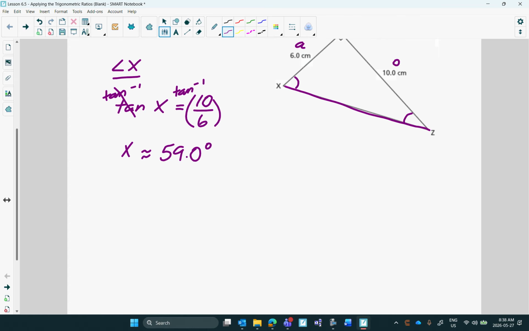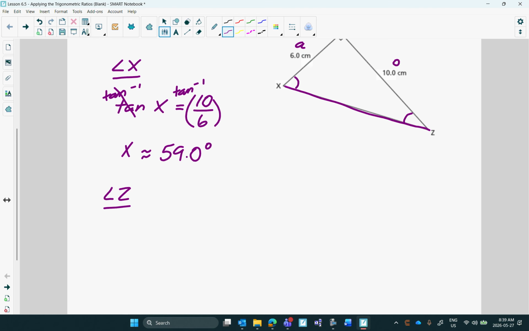Let's look at angle z. Now we've got some choices. I could do trig again. Or, now that I know 2 of the angles, I know this is 90 and this is 59, and all 3 of them add up to 180.